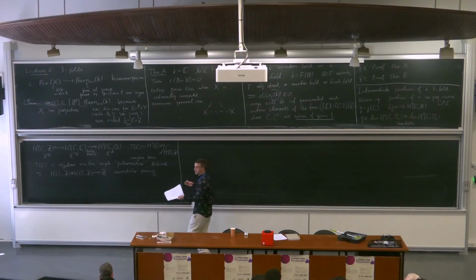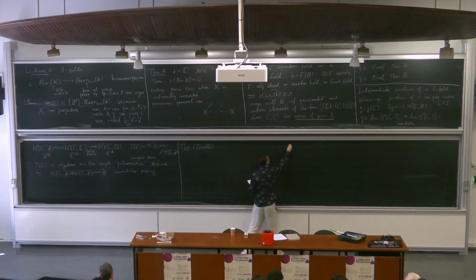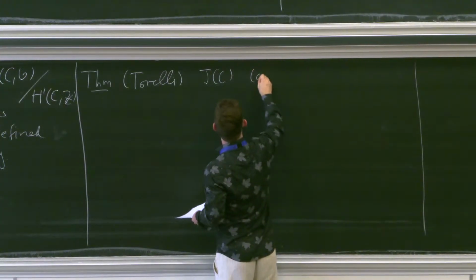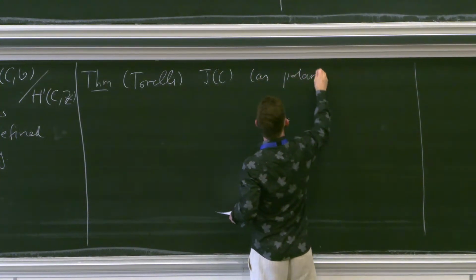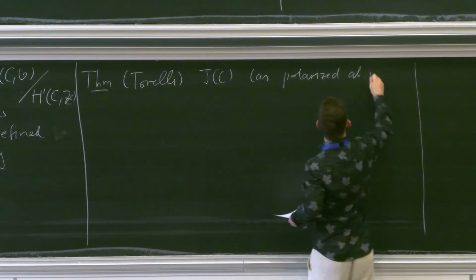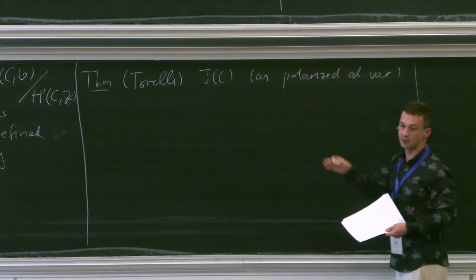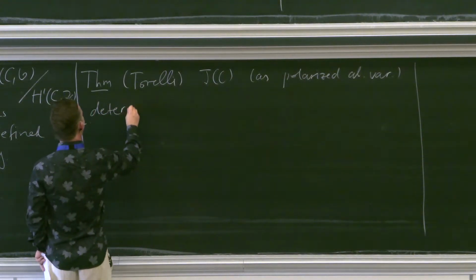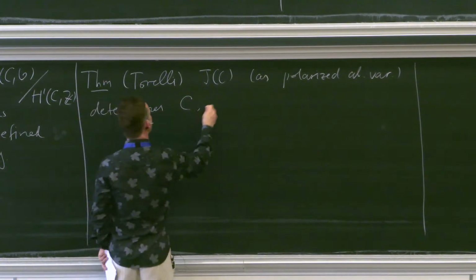That's a very classical object. One of the key things about this is that it completely determines the curve. So the famous Torelli theorem says that if you only remember the Jacobian as a polarized abelian variety, so together with the ample line bundle coming from this polarization, it determines the curve up to isomorphism.